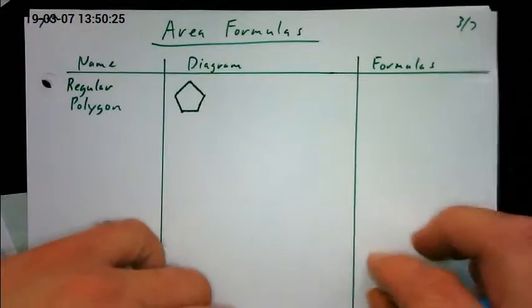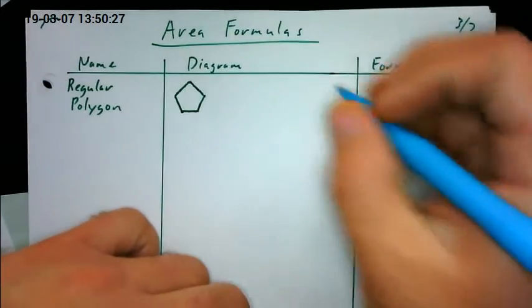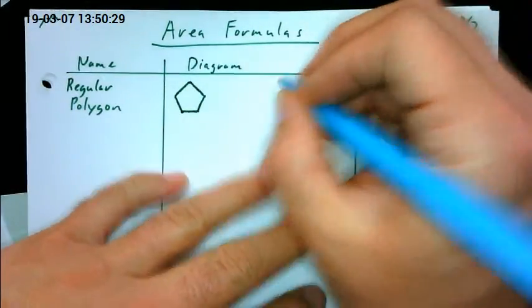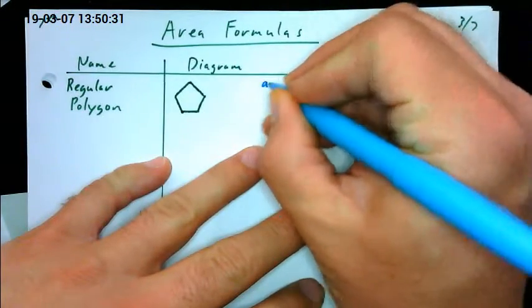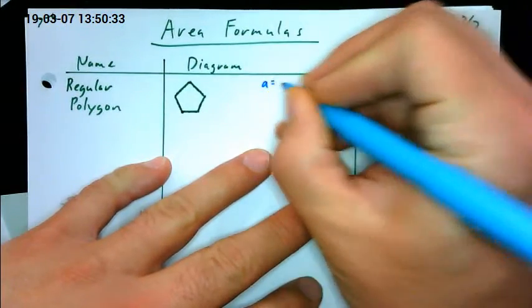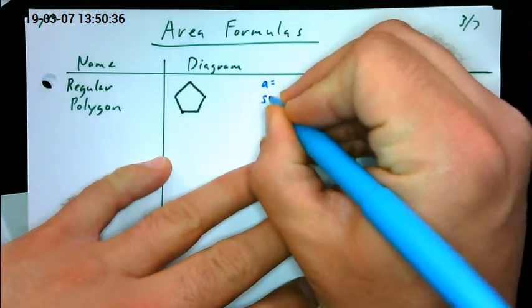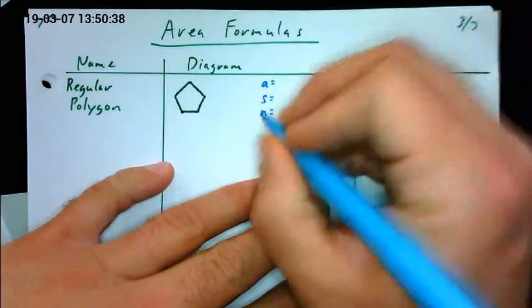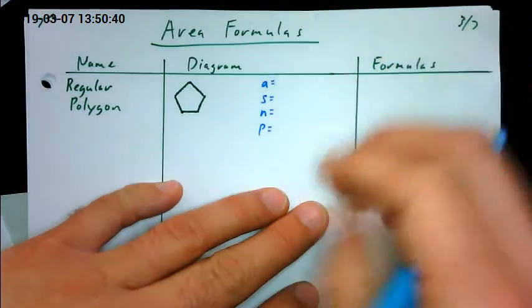So, we did this one yesterday, and there was a couple parts that we needed to know. So, I'm going to go ahead and list these different pieces that we should know over here off to the side. For this one, we need to know what A, S, N, and capital P stand for.